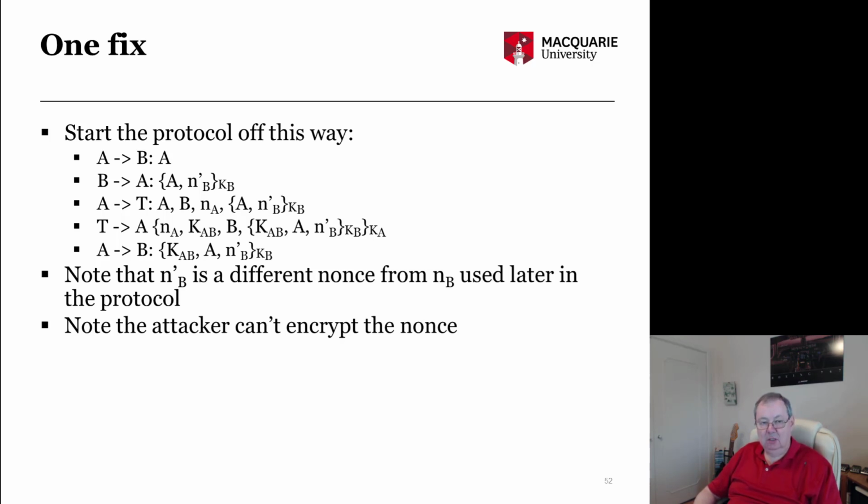Bob will get the ticket, he decrypts it using his key, extracts the session key KAB, Alice, that's the name the session key is for, and N prime B that he generated earlier, compares it against the earlier value, and realizes it's a reply from Trent containing the correct nonce. He'll accept it. So this fixes that. Notice the attacker can't encrypt the nonce, right? There's no way he can deal with that.